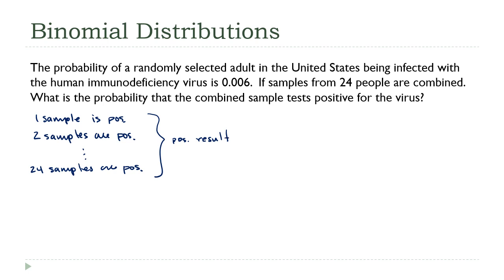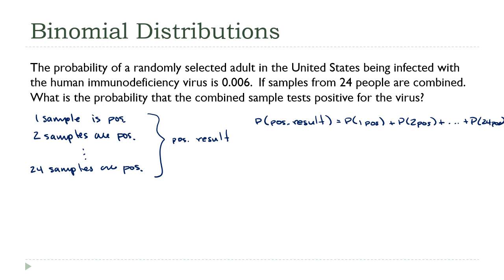The probability of getting a positive result equals the probability of one positive plus the probability of two positives plus, and so on, out to the probability of 24 positives.